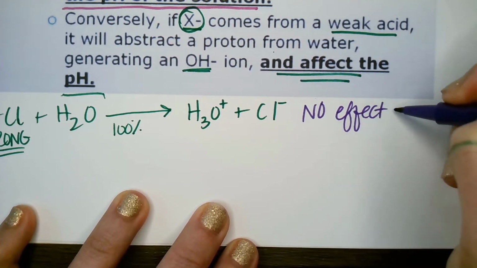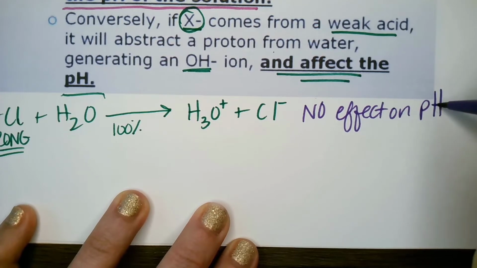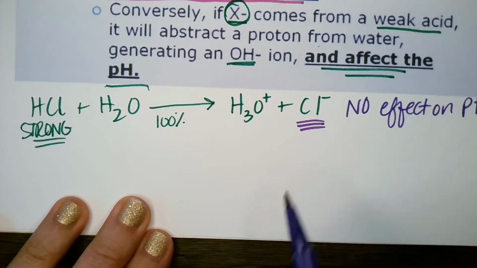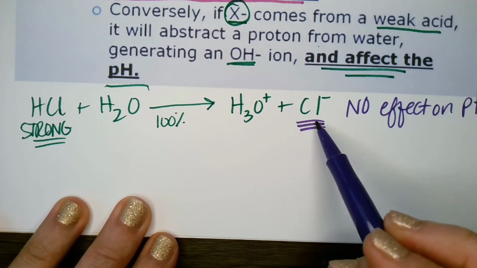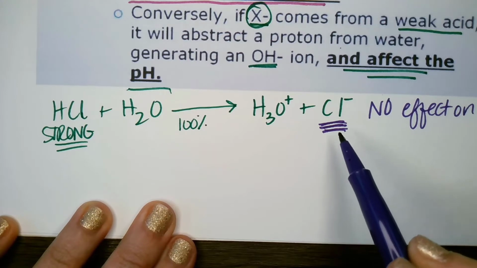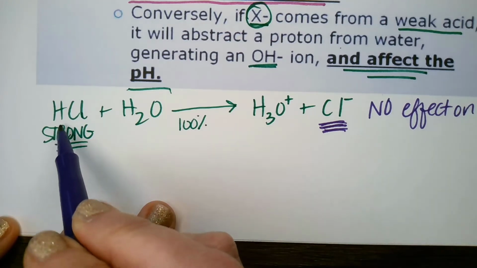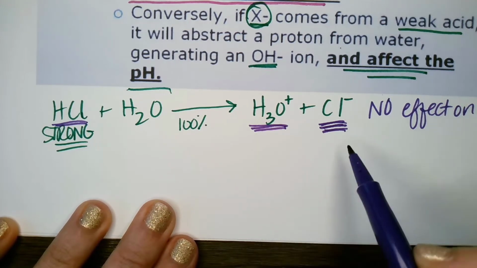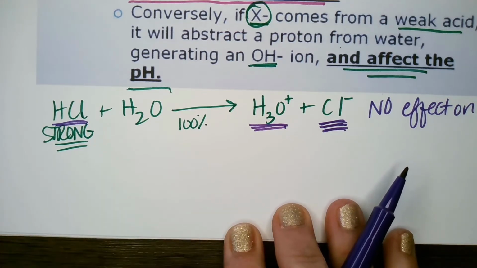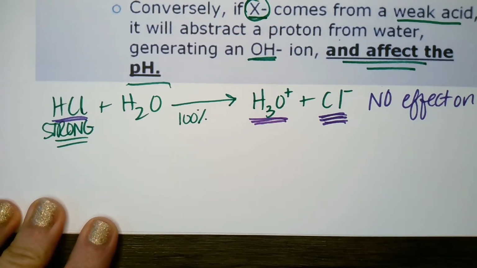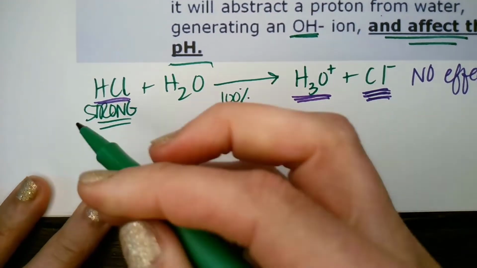And there is no effect on the pH. We have chloride ions that are our other product. So, no effect. All of that HCl is converted into our hydronium ions and chloride ions. There's no effect on the pH.